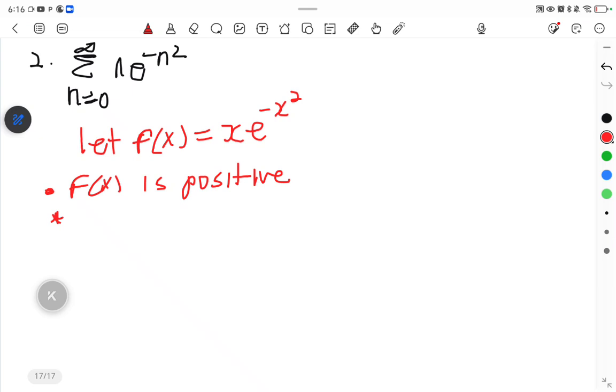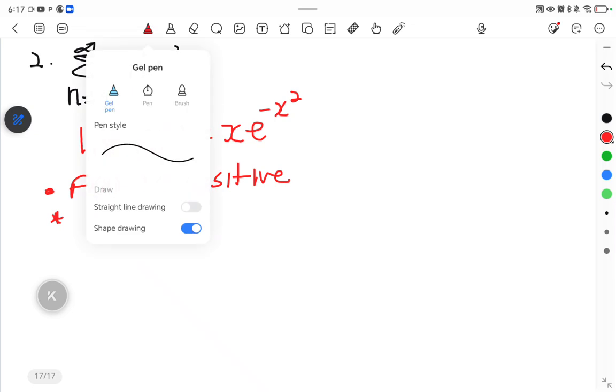If I substitute 1, e to the minus 1 squared, I'll get 1 over e. You see that this is positive, right? Then if I substitute 2, I'll get 2 over e to the 4. You see, this will always remain positive. So this e will just go to the denominator, so this will always remain positive. I'm sure we see this, right?